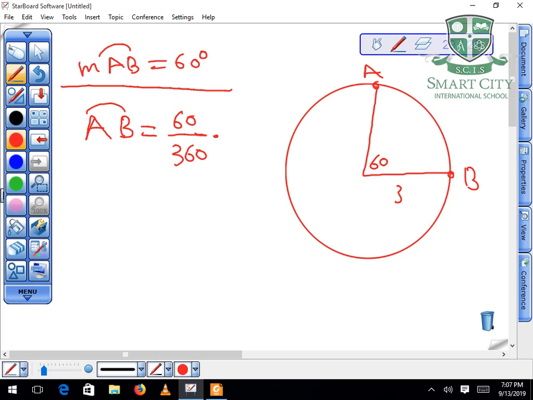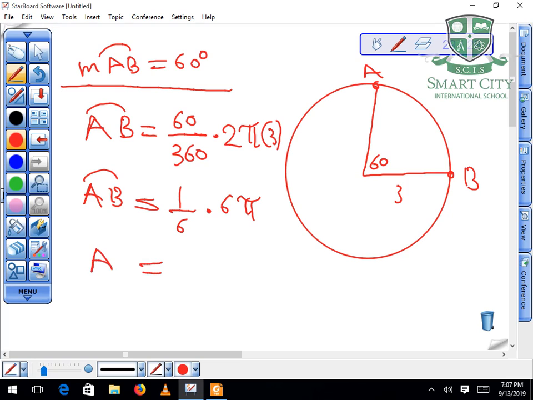The circumference is 2 pi r. So arc AB length equals 1 over 6 times 6 pi, which equals pi, approximately 3.14.